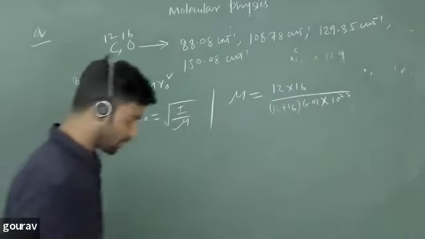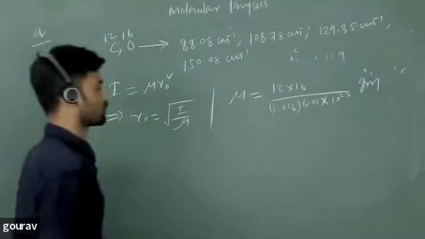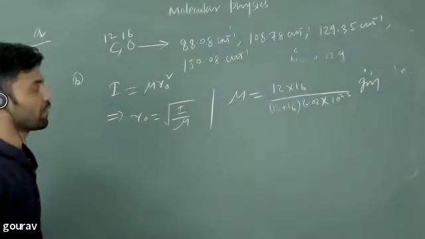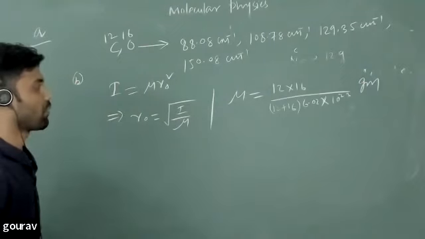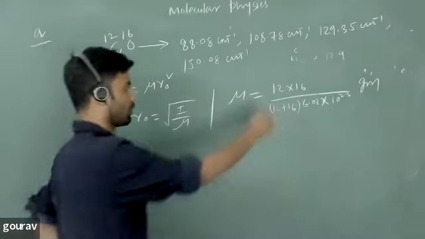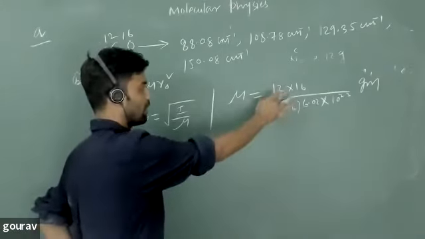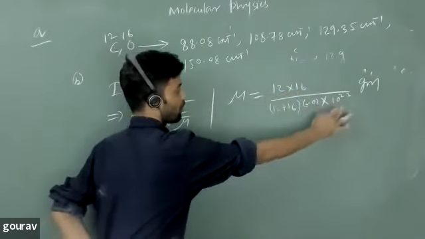So obviously that unit you will get here in gram. Just I have substituted M1 and M2. M1 was 12 by Na, Na was Avogadro number, and M2 was 16 by Na. So for the reduced mass, you will get 12 into 16 divided by 12 plus 16 into 6.02 into 10 to the power 23.